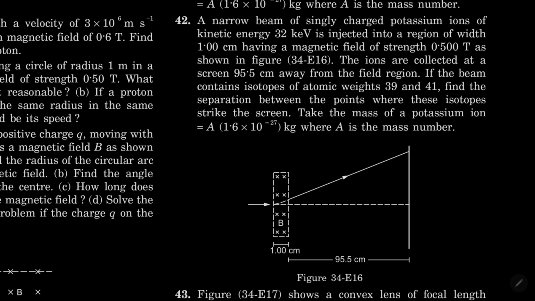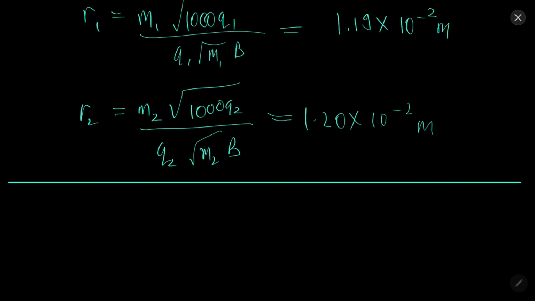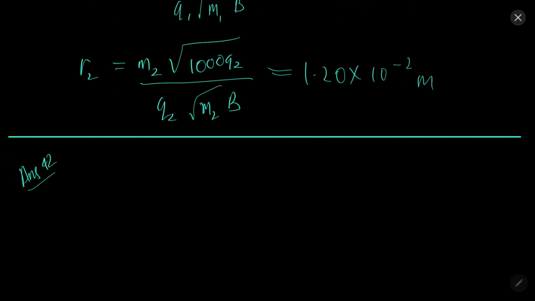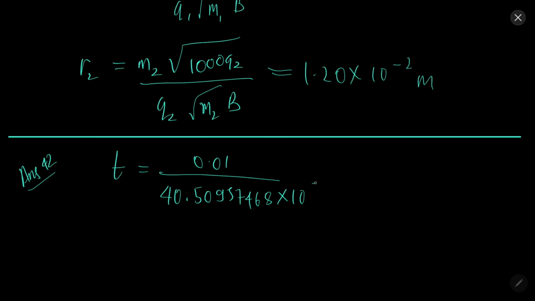In question 42, this figure is given. We need to find the separation between the points where these isotopes strike the screen. Solution 42. So time period will be 0.01 over 40.5095746 into 10 to the power 5, which will give us around 24 into 10 to the power minus 9 seconds.